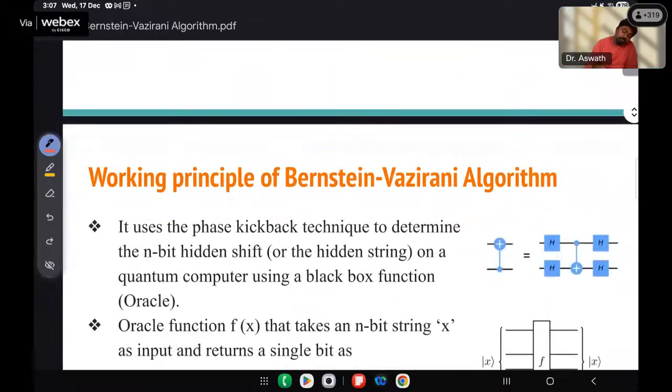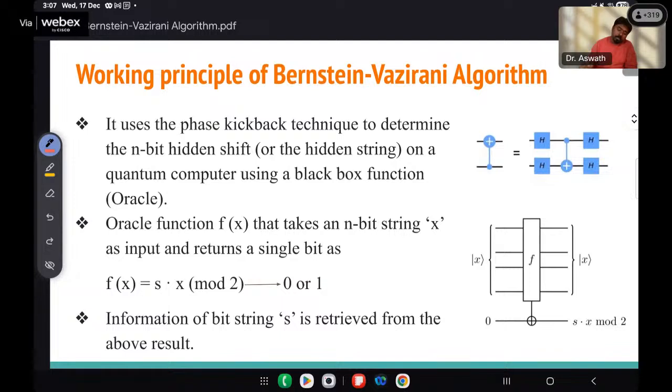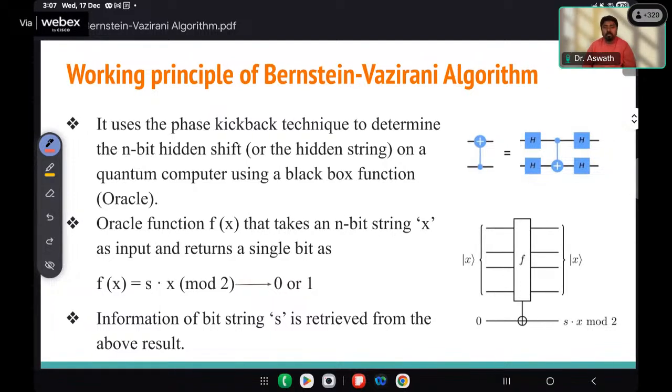Now, just to see the working principle here, it actually relies on a few things. Number one, it relies on phase kickback. And it relies on finding a function f of x, just like we saw yesterday with constant and balanced.